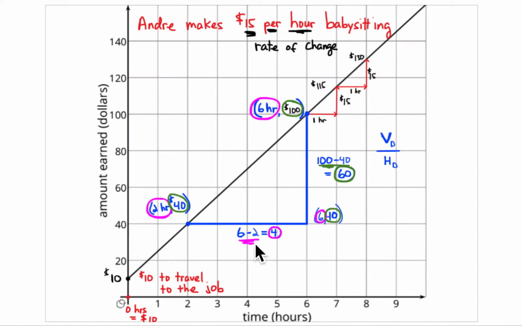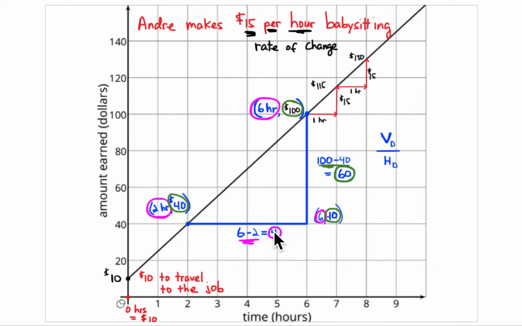So the number of units in the horizontal direction is going to be this 6 hours minus 2 hours. These two sixes are the same. It just slides over these 2 units. This vertical line slides over these 2 units, and this horizontal line slides down these 40.